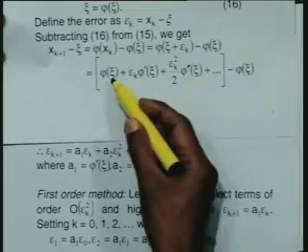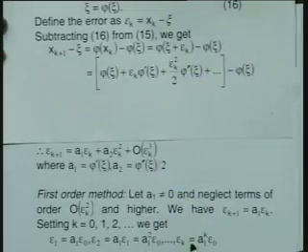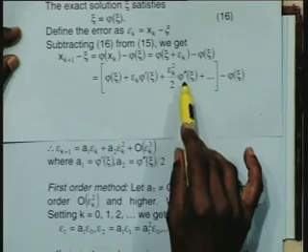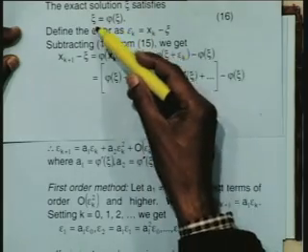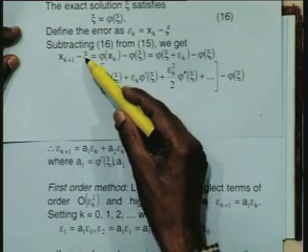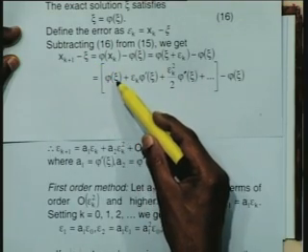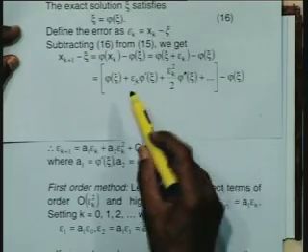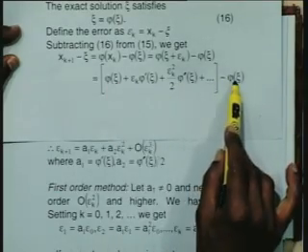Now, phi of xi and phi of xi cancel here, and therefore what is left is simply this term and this term. Furthermore, xi is equal to phi of xi, the exact solution satisfies this.